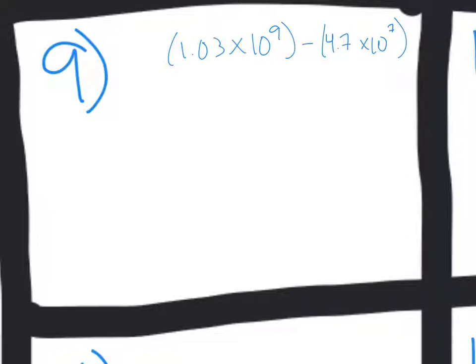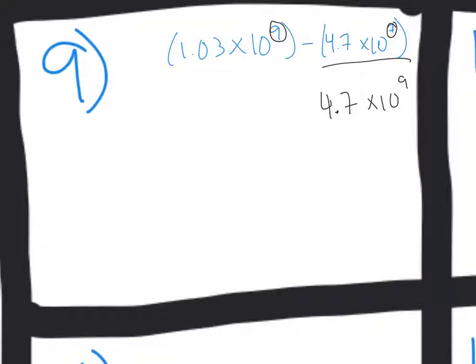First of all, we need to go ahead and get our powers matched up. There's 9, there's a 7. So we should manipulate this number right here, 4.7, so that it will become something times 10 to the 9th.